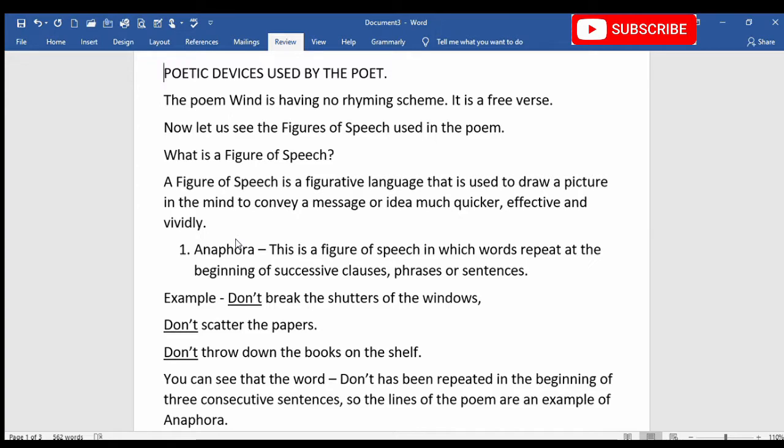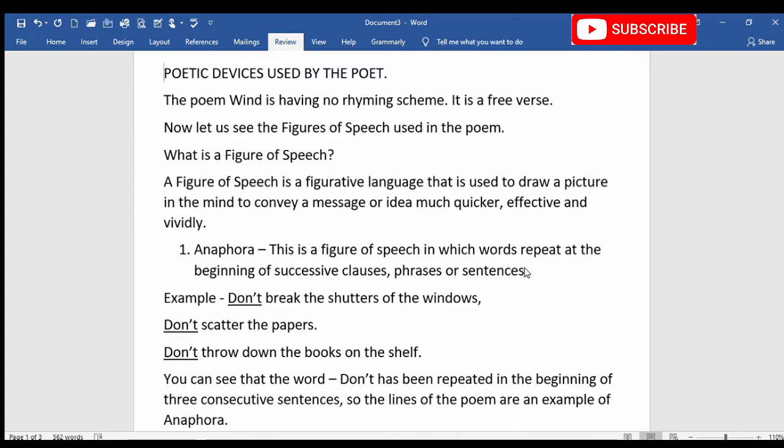Now let us see the figures of speech used by the poet in the poem Wind. Number 1, anaphora. What is this figure of speech? This is a figure of speech in which words repeat at the beginning of successive clauses, phrases or sentences.